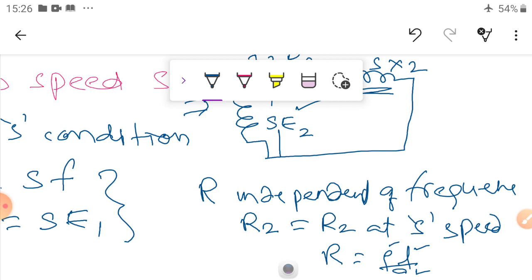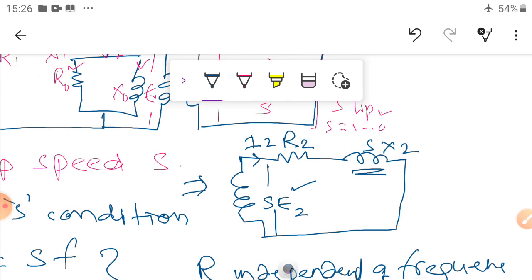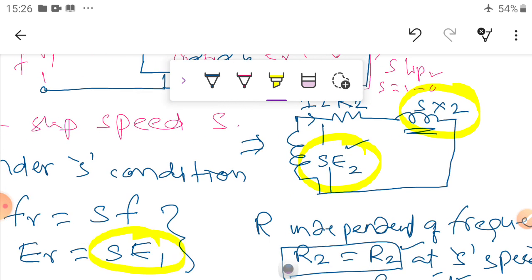So it does not depend on the frequency. Whatever the R2 is under running condition, under standstill condition, that value is the same. Okay, that is clear. Now what values change? This value changed and this value changed.